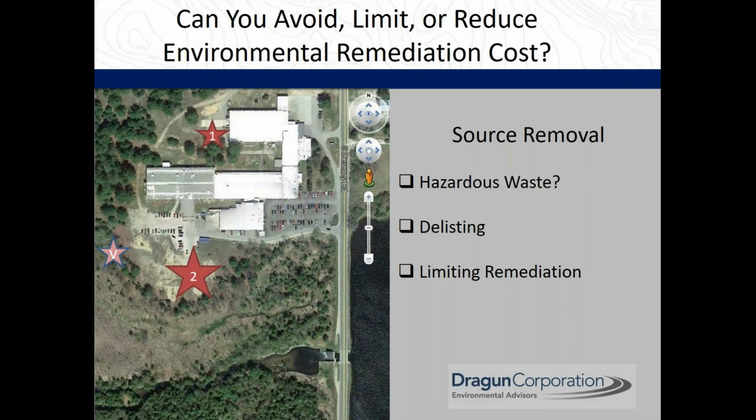And ultimately, it ended up that we excavated about 8,600 cubic yards of waste, but they were disposed as a non-hazardous waste at a type 2 landfill at a cost savings of over $1 million on that source removal and of that waste disposal.